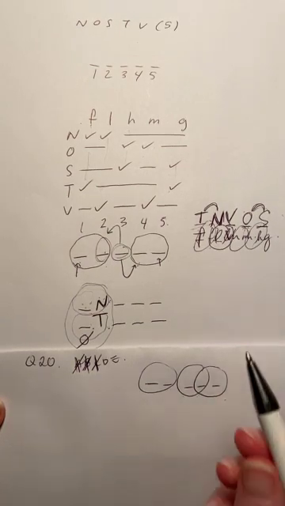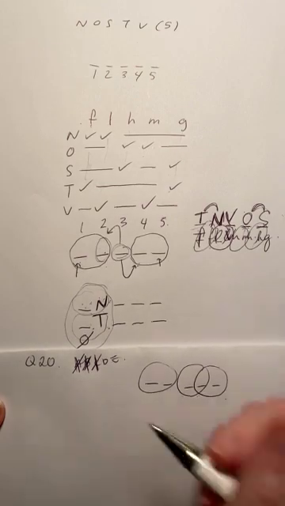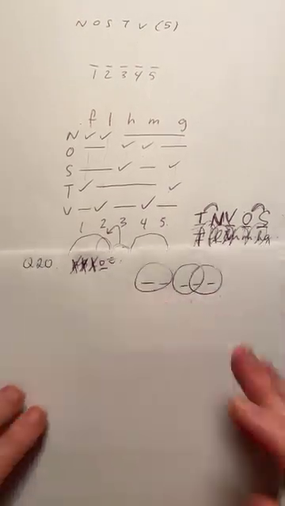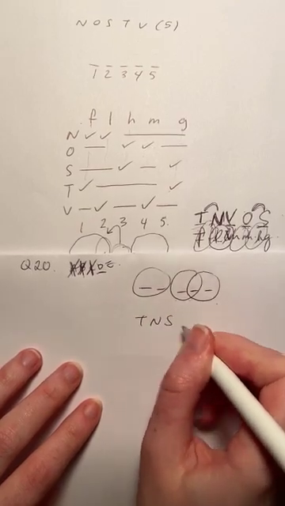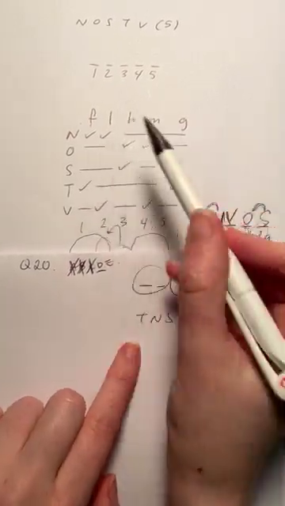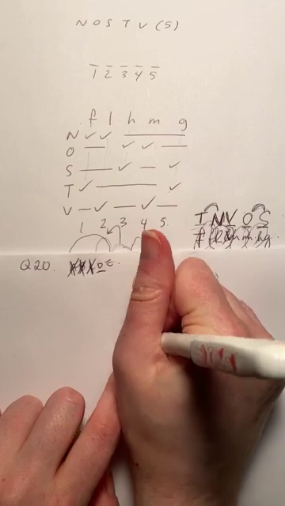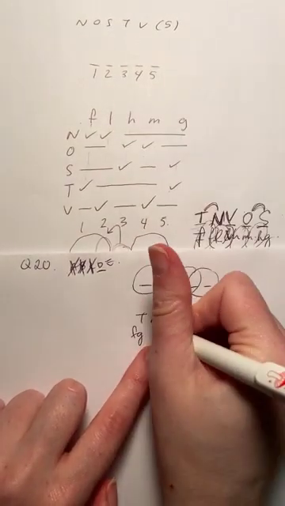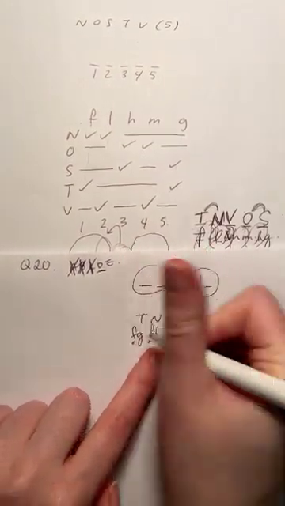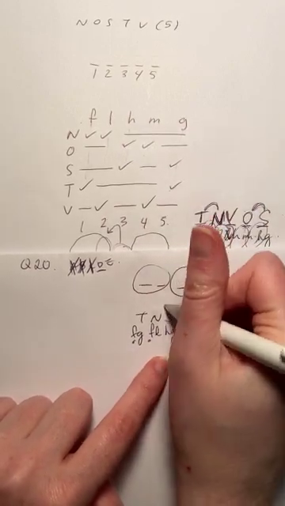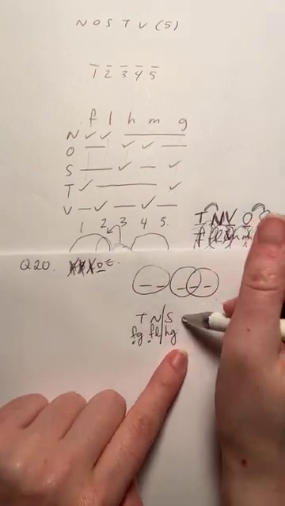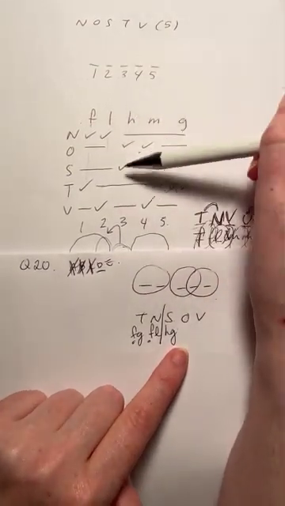Okay. So that's D, and let's write that out just to show fully how that works. So we've got T, which is F and G, N, which is F and L, so they have F in common. S, H, and G. Okay, so nothing in common between these two. So S has to have something in common with O, which it does.